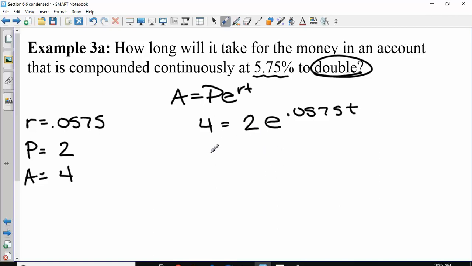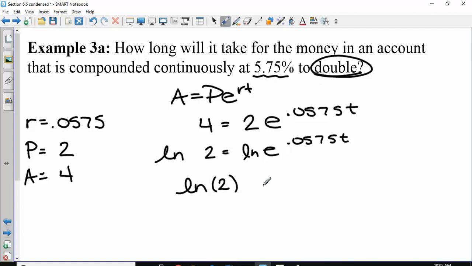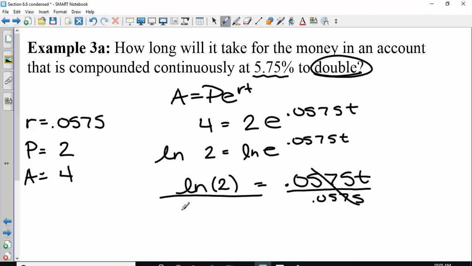So then what do we do? Divide by 2. And then add the natural log. We know a natural log and an e drop. So to get t by itself, we just divide.